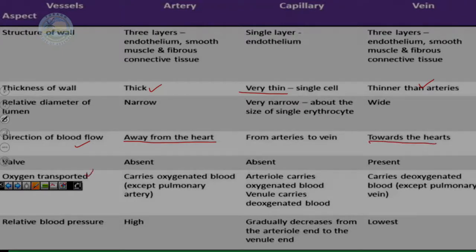Oxygen transported. You need to know this one because this can trip you up in multiple choice questions. In your arteries, the arteries always carry oxygenated blood, and I want you to take note of the exception, except the pulmonary artery. Remember that the pulmonary artery is the artery leaving the heart and going towards the lungs.